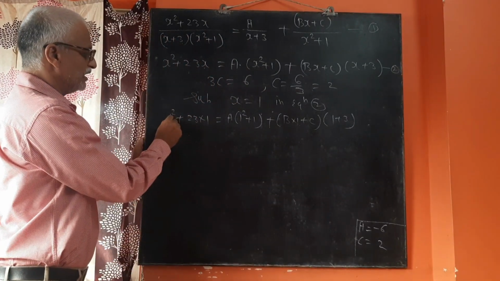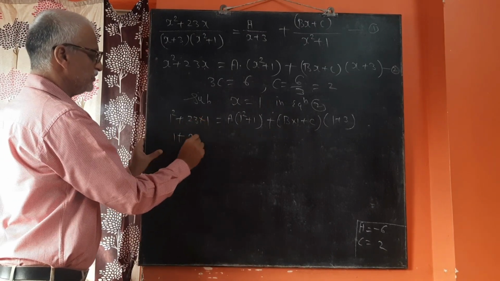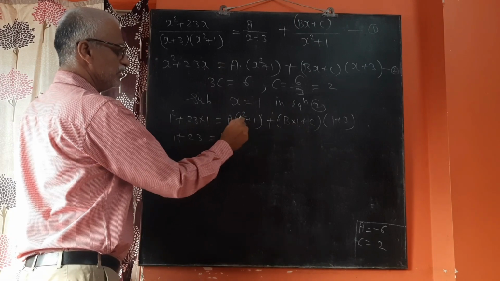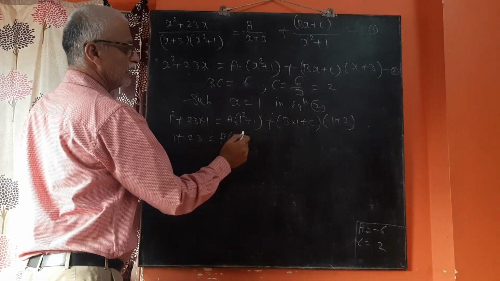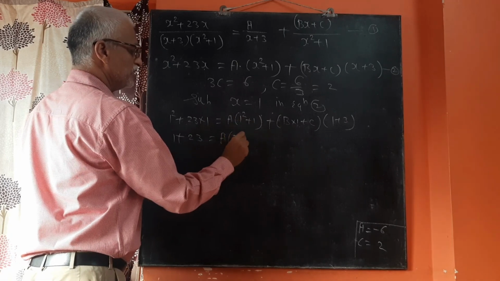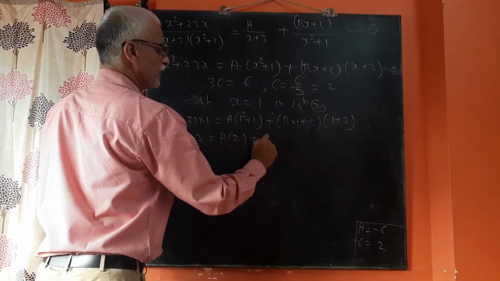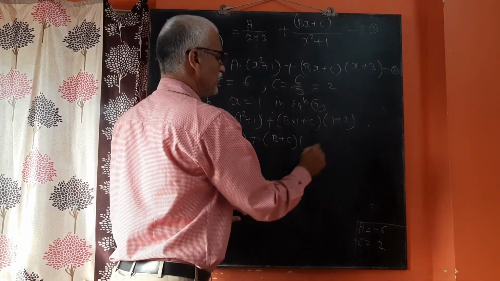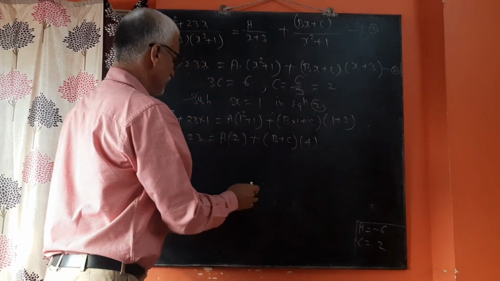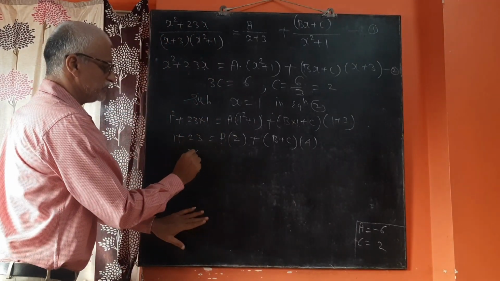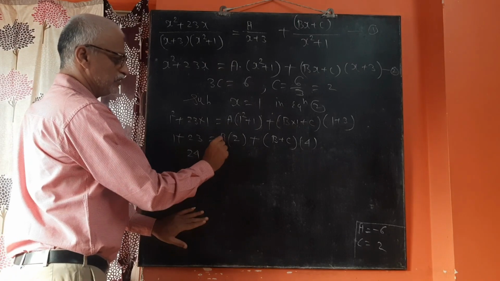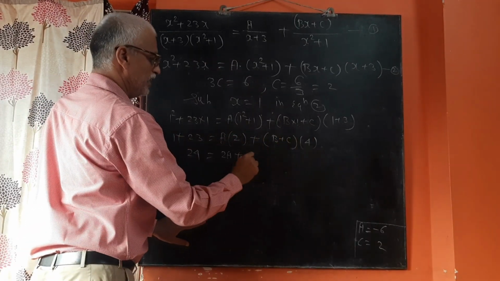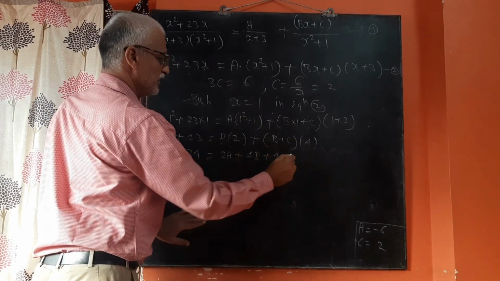We get 1 square is 1, plus 23 into 1, that is 23, equals a into (1 square is 1, 1 plus 1 means 2), plus (b into 1, that means b, plus c into 1) into (1 plus 3, that is 4). So 1 plus 23, that means 24, equals 2a plus 4b plus 4c.